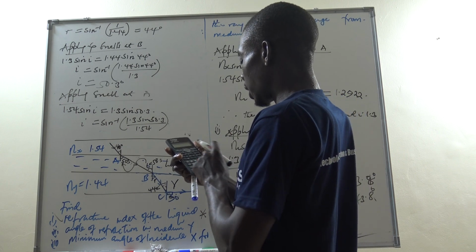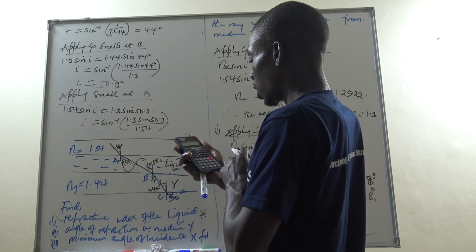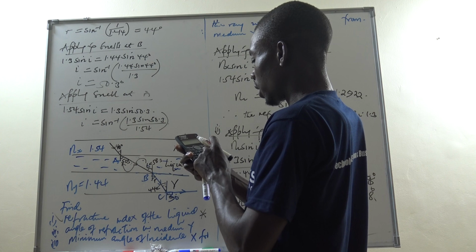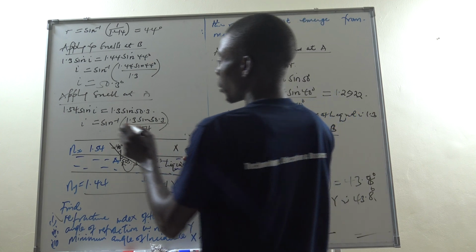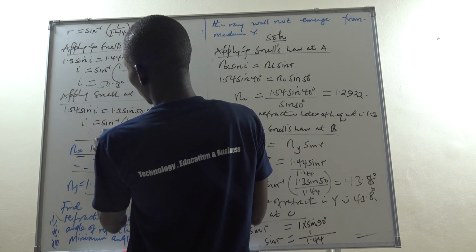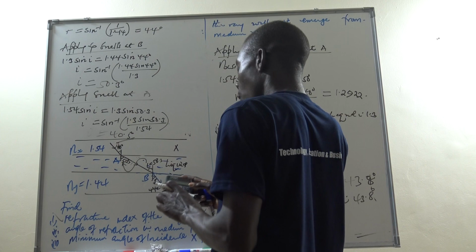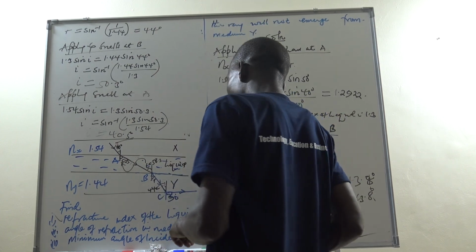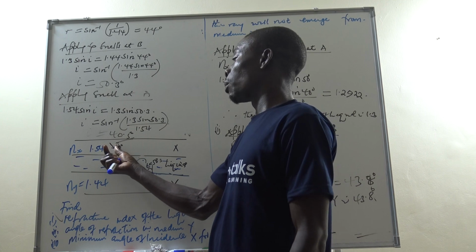I'm getting that, and then divide by 1.54, and then shift sine inverse of our answer, and that is 40.5. I equals 40.5. So you can now make the conclusion that for this ray here not to come out, the angle that should be up here should be 40.5.